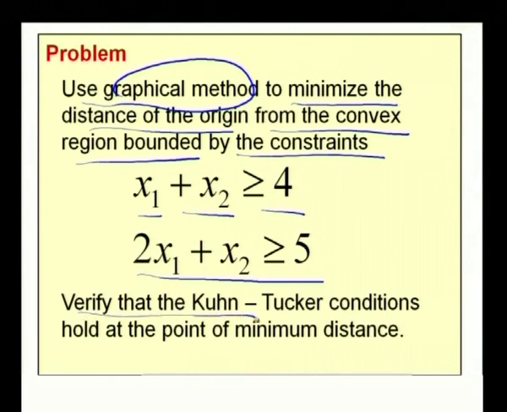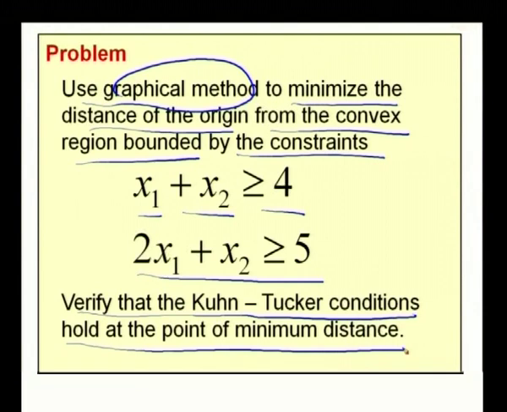Verify that the Kuhn-Tucker conditions hold at the point of minimum distance. We also have to verify the optimum solution obtained using the graphical method with the help of Kuhn-Tucker conditions.